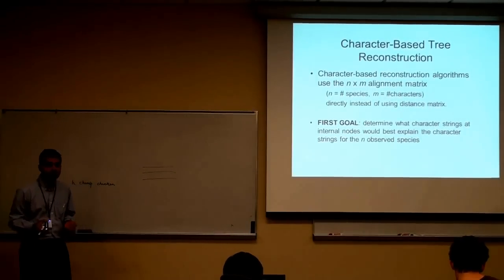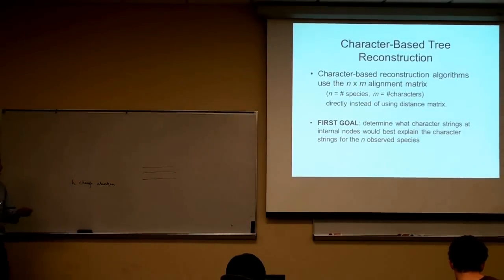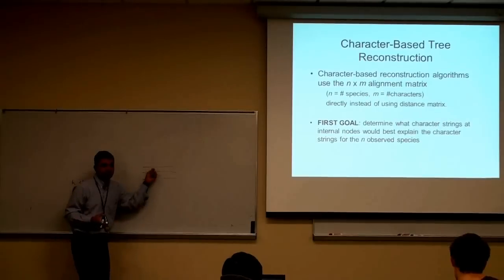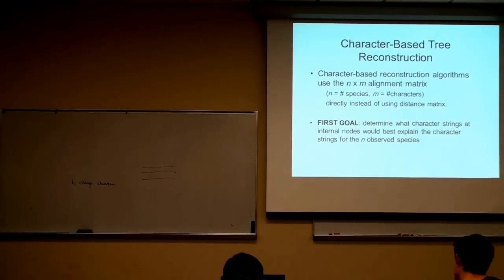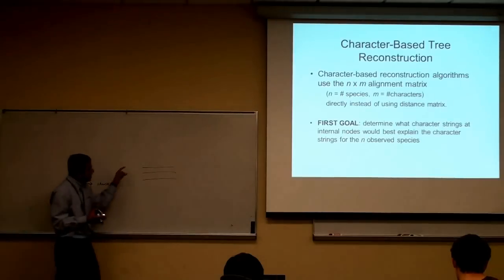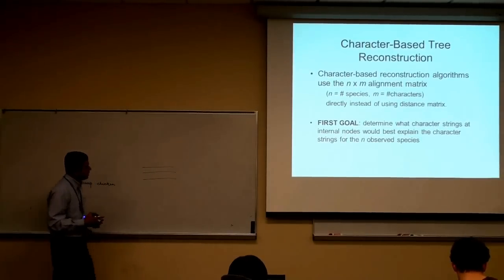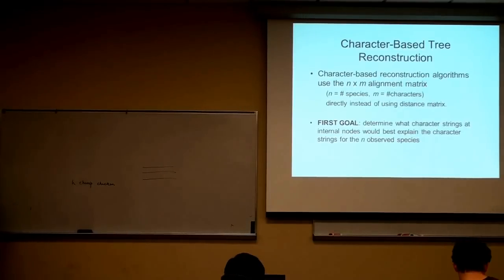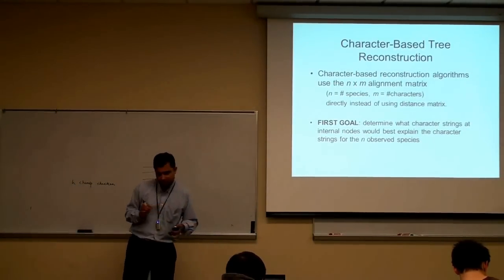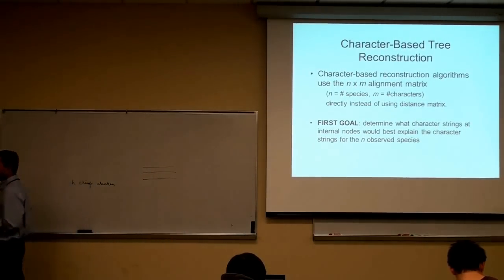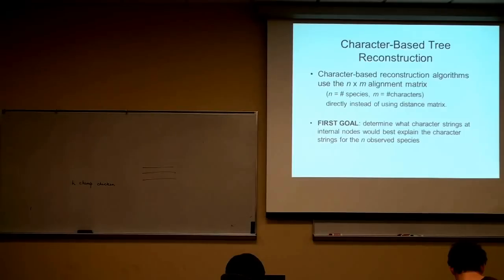That's how you would have computed pairwise distances, by taking every aligned pair and counting mismatches or counting gaps and so on. But here you don't do that. You actually just use the alignment itself to construct the tree. That's the distinguishing feature of this approach.